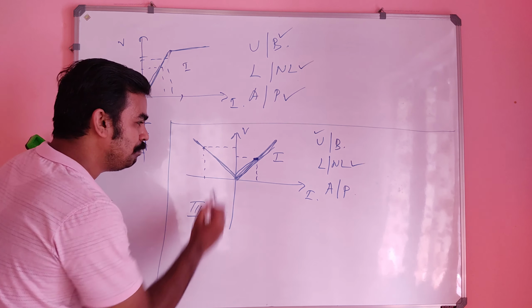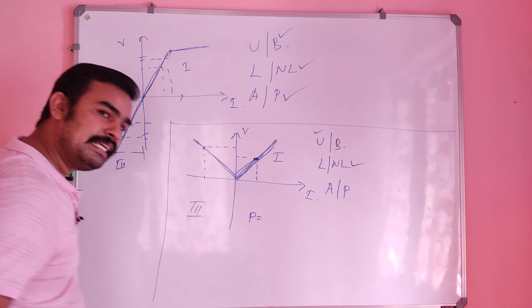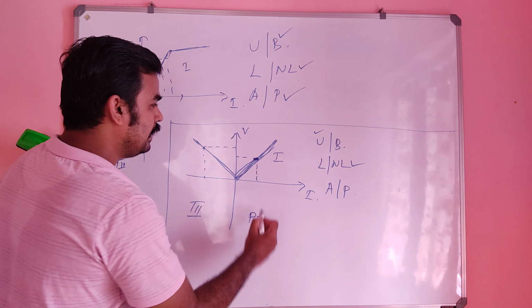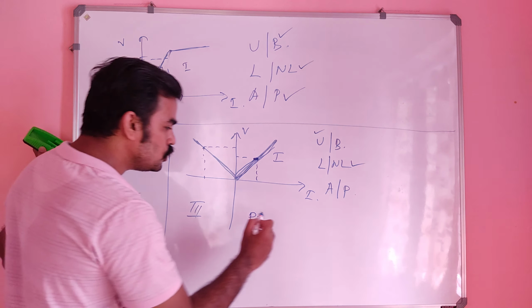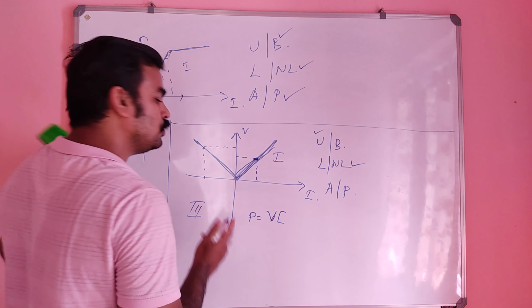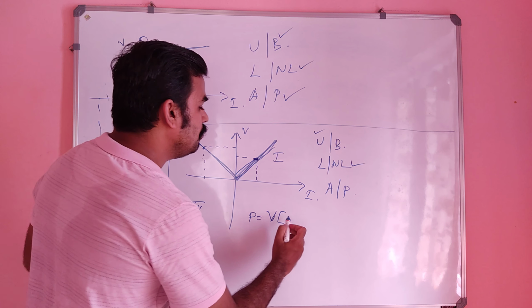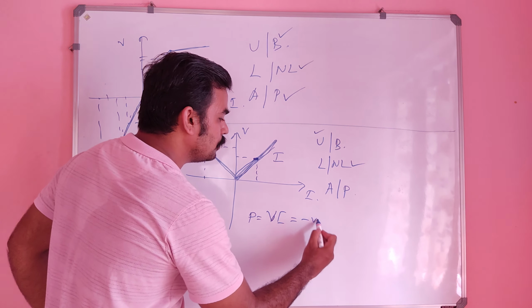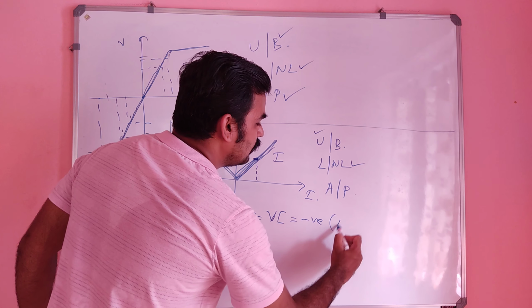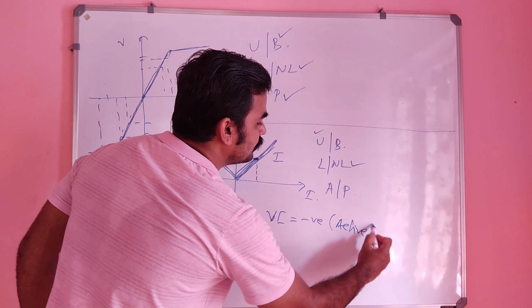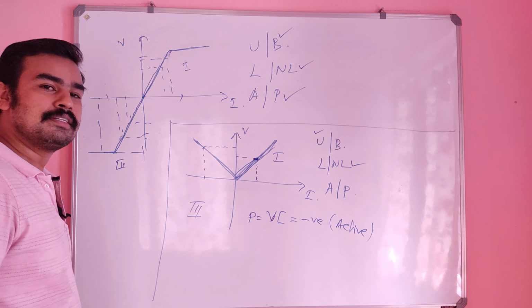So what will be the power P, V into I? A positive value into a negative value. So the product of V into I will be negative. So negative for an active element.